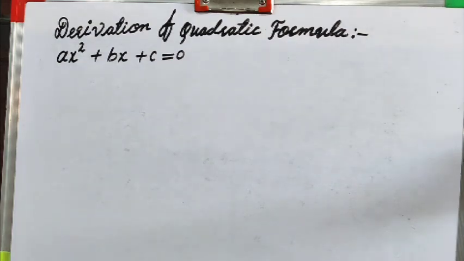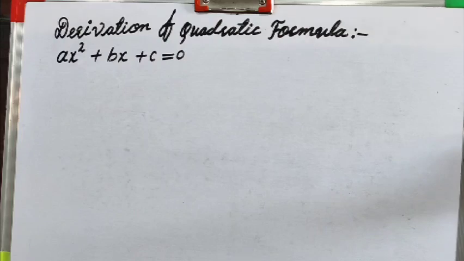In this video I am going to explain the method of derivation of the quadratic formula. Many of you are wondering why the quadratic formula, why derivation of the quadratic formula. You must have learned in quadratic equations finding the roots of a quadratic equation by splitting the middle term.